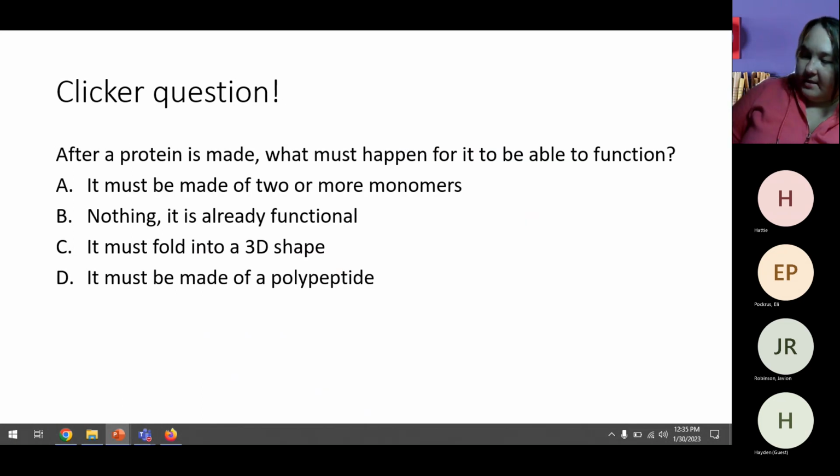Next clicker question. After a protein is made, what must happen for it to be able to function?